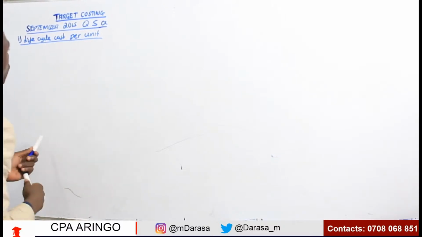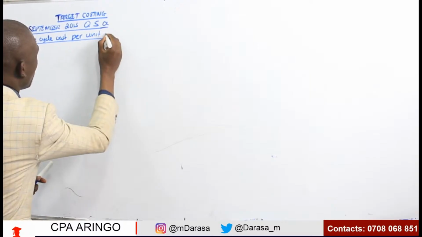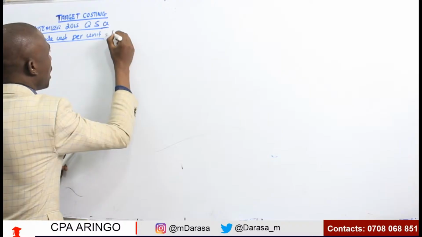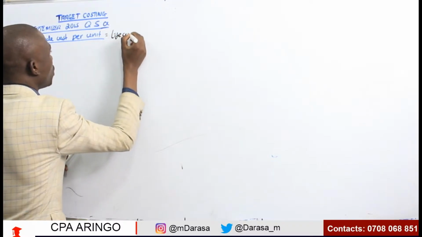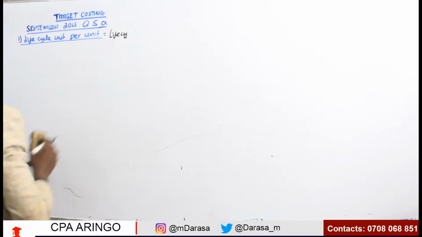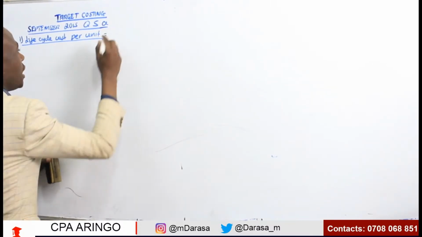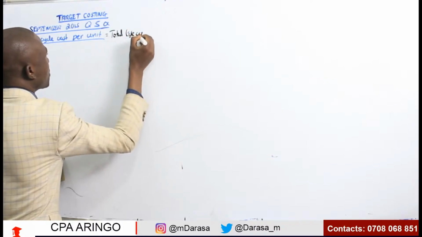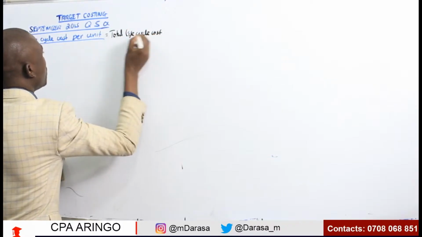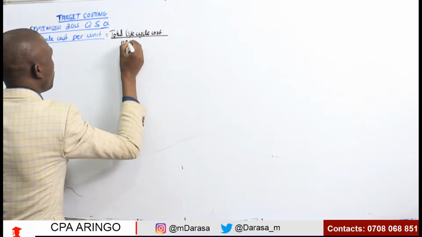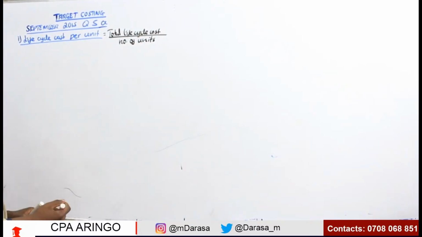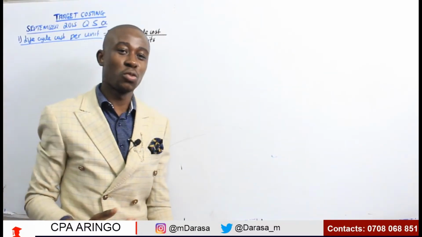Because for us to determine the life cycle cost per unit, we will be required to have our total life cycle cost, and we divide by the number of units. This is what will give us our life cycle cost per unit.